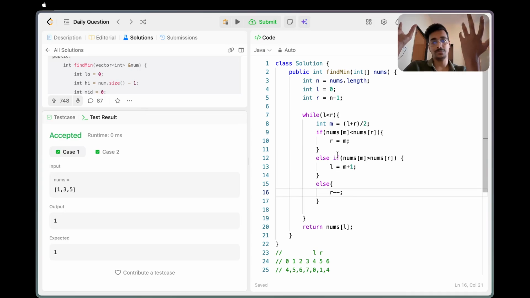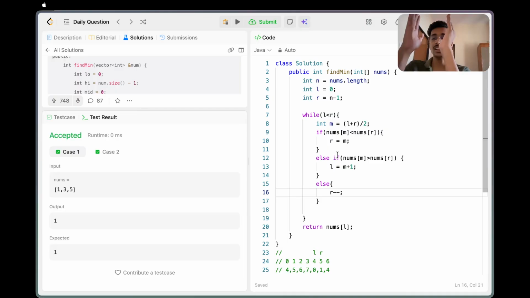Because mid is not the minimum number for sure, right? And the next condition is that if mid and right are the same, it's simply decreasing the r. Okay, this is crazy.